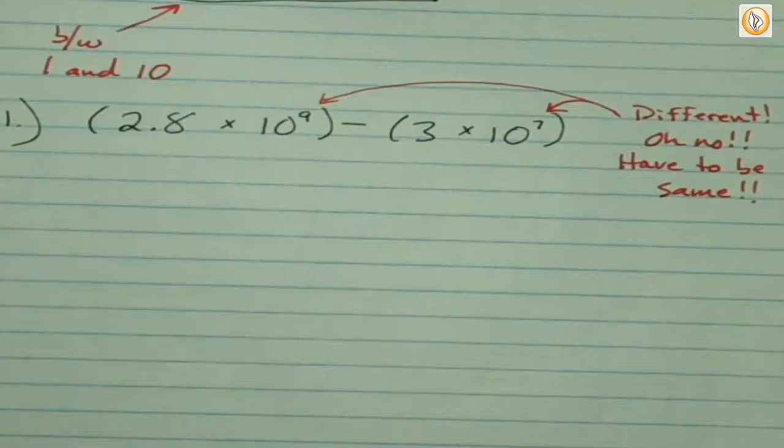So, Emily, what do I need to do to get them to be the same? Okay, but which one? Which one do I need to change? Which exponent should I change?